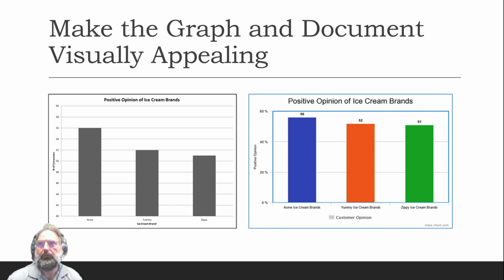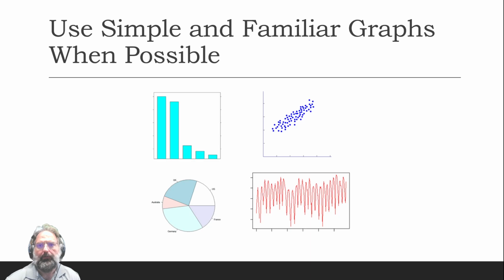A clear example: if you've got two flavors of ice cream, and you're getting opinions about each one of those brands, then the use of color brings a fair amount of impact. Additionally, with some formatting, rather than just percent of consumers, it's now positive opinion and so on. Just a little bit of thought can make a big difference in how they're perceived and how impactful they will be.